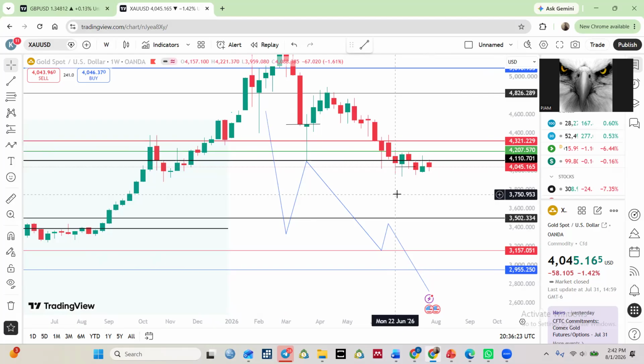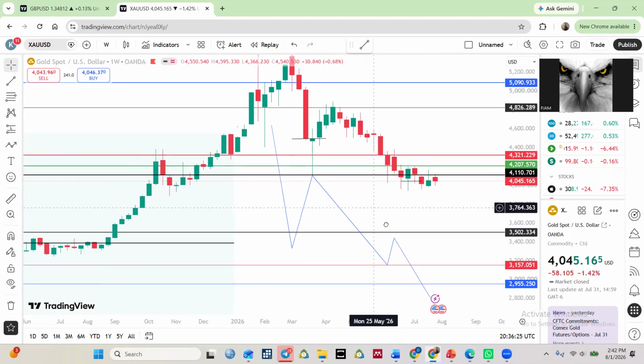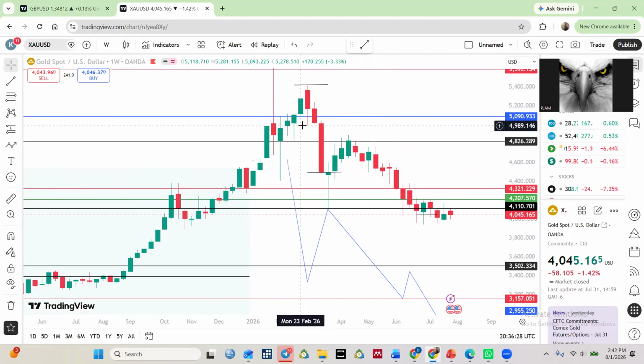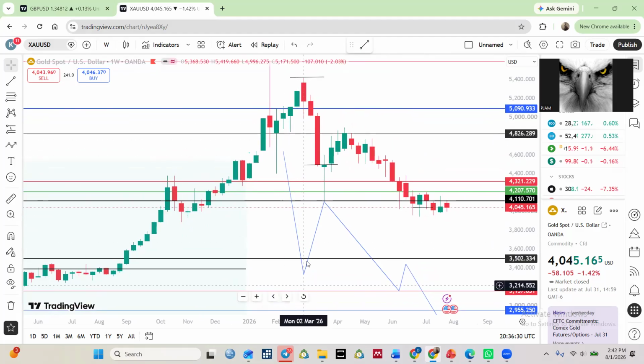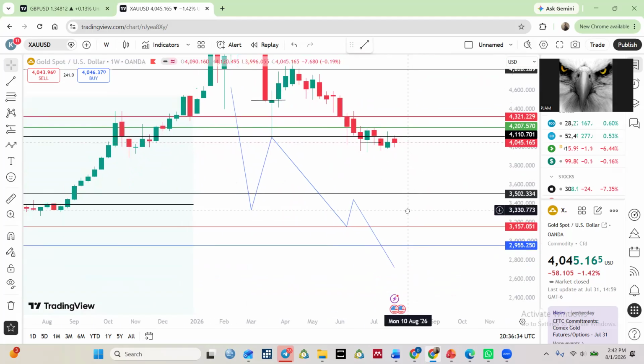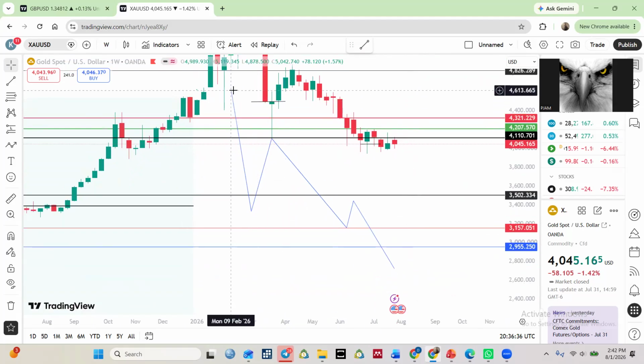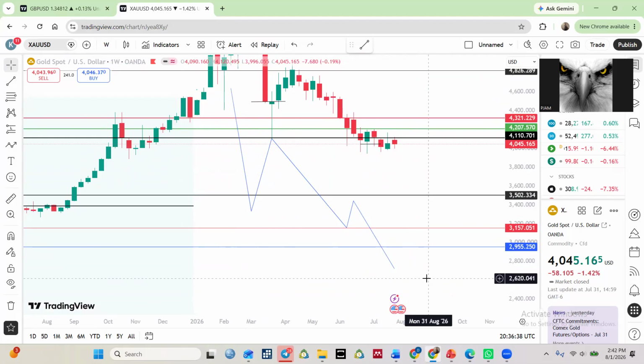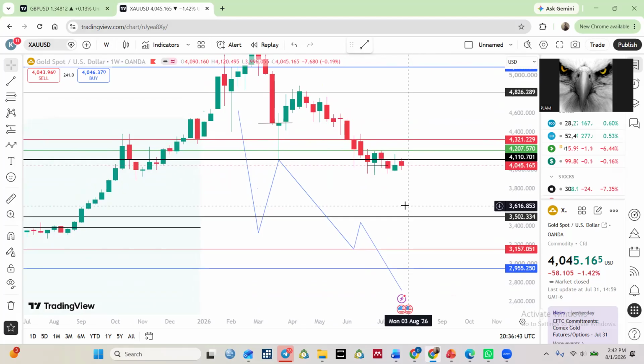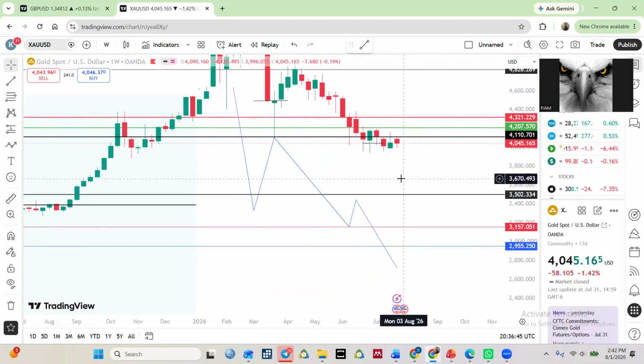And what are we using to determine the direction? We want to see, does this chart produce a lower low, lower high, lower low, lower high? If yes, then it is likely that this market wants to become a bearish market. So if it wants to become a bearish market, what should you do? Then you should think of also selling.